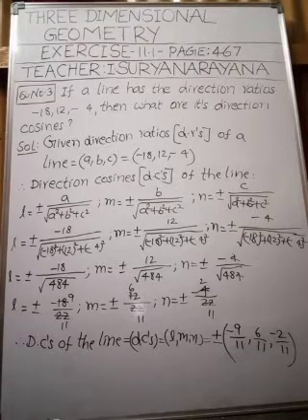Question number 4 is the same as example number 5 on page number 467. With the help of example 5, we can solve question number 4. Will you do question number 4 and question number 5 yourself? Right.